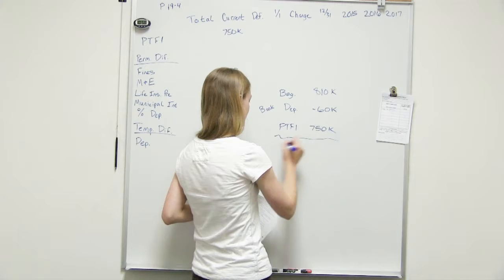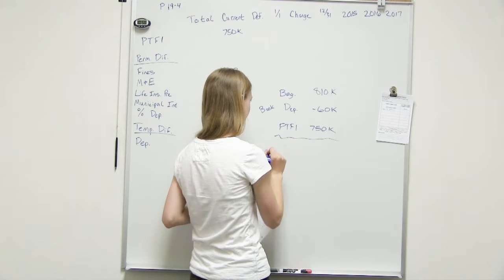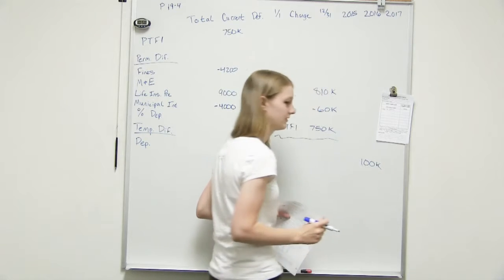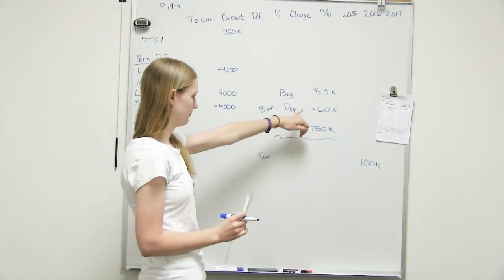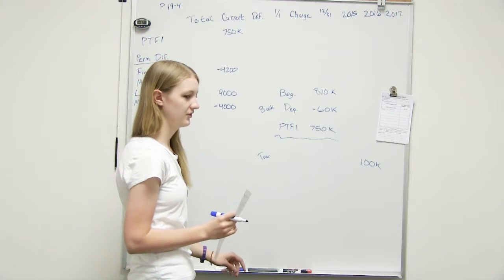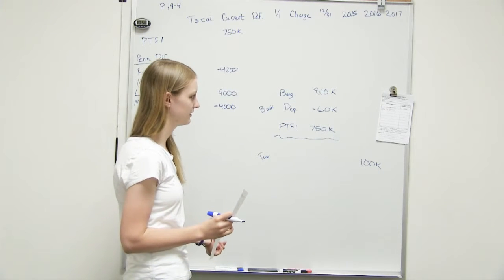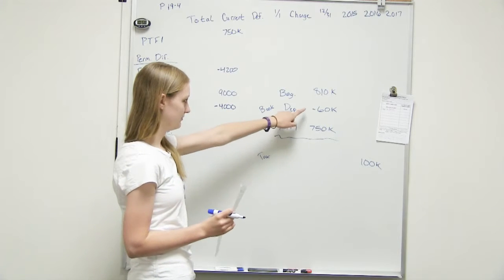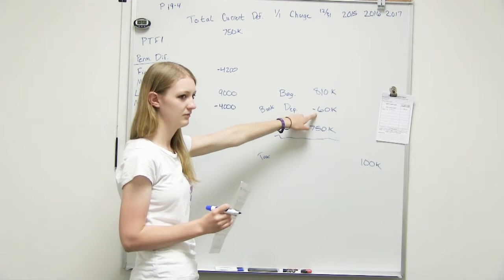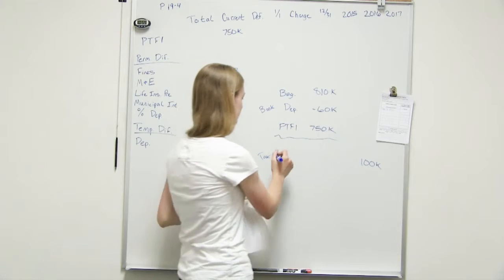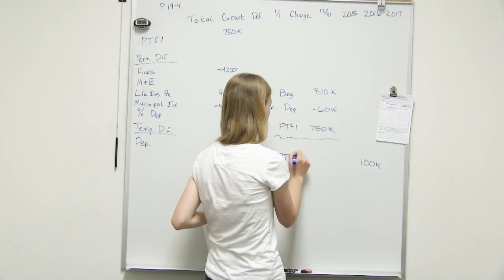But then for tax purposes, we get to deduct 100,000 total. So for our depreciation up here, we've already deducted 60,000, but for tax purposes, we get to take 100,000.